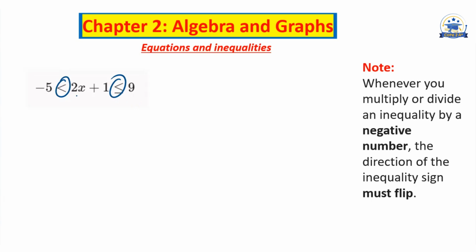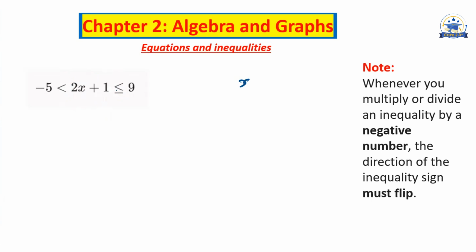Try to keep x in the middle and then remove all the values which are joined with x. So here we have 2x plus 1. Try to remove them, but one by one, not directly.